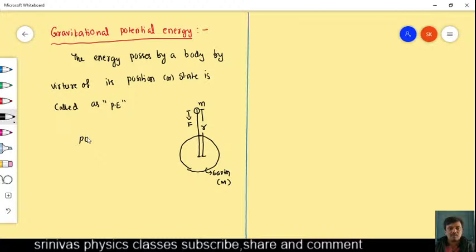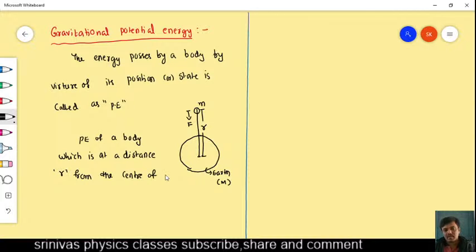Potential energy of a body which is at a smaller distance r from the center of Earth.